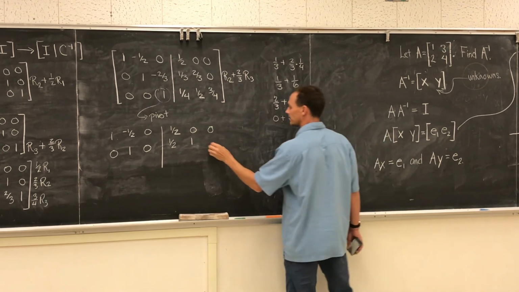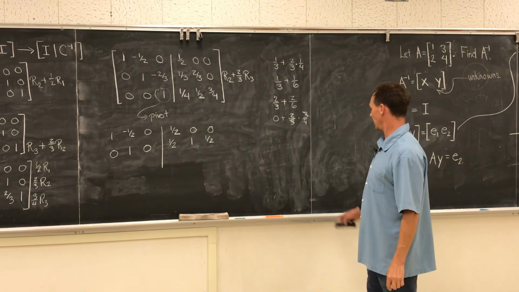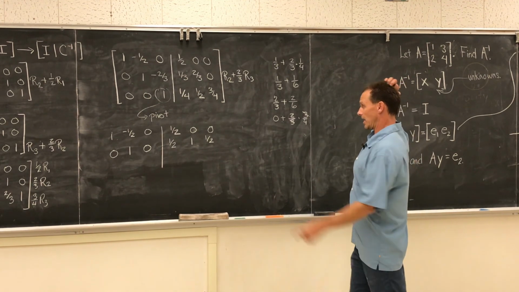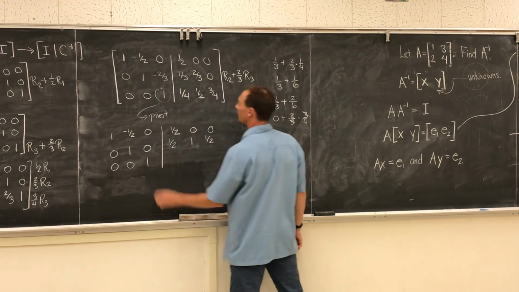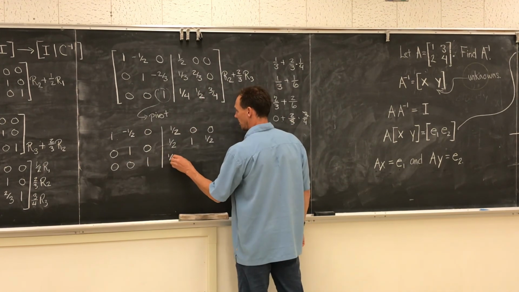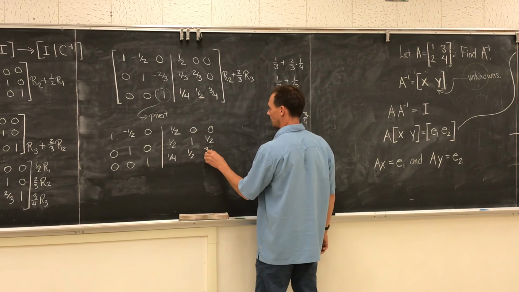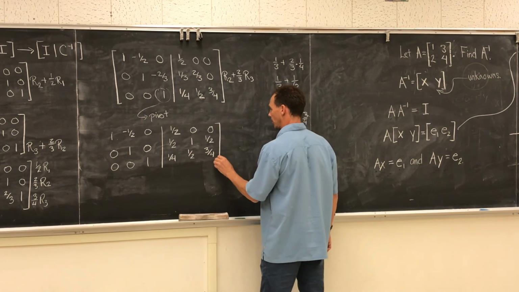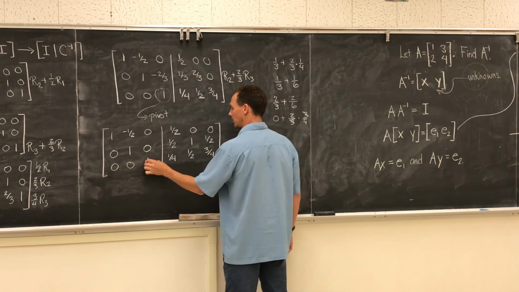It's a half. Okay, I think we're done with that one. 0, 0, 1, 1/4, 1/2, 3/4. And this is our last row operation on this pivot, because we have zeros above.